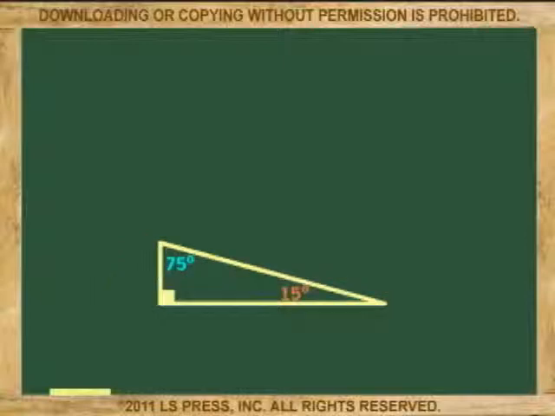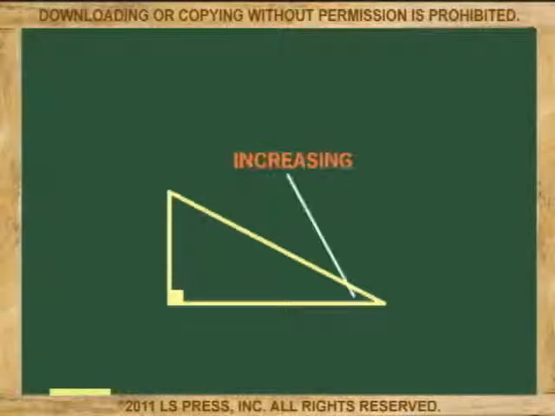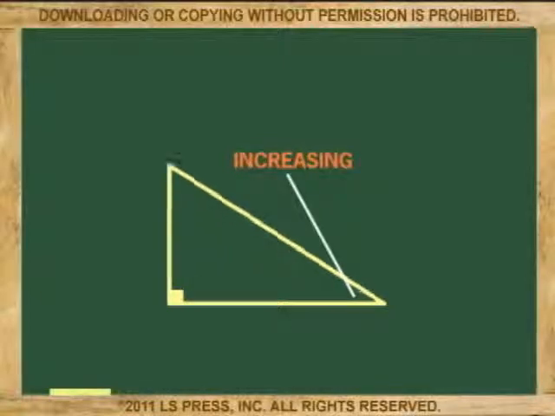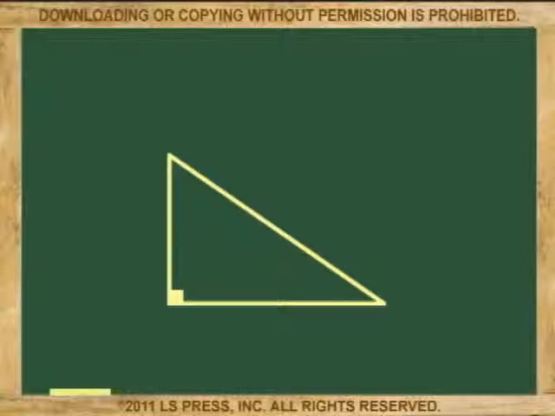Notice how this angle at 15 makes the other one drop to 75. And this angle continues to drop in measure as this one is increasing, and so on. This angle changing variation is what is behind the calculations of trigonometric ratios.